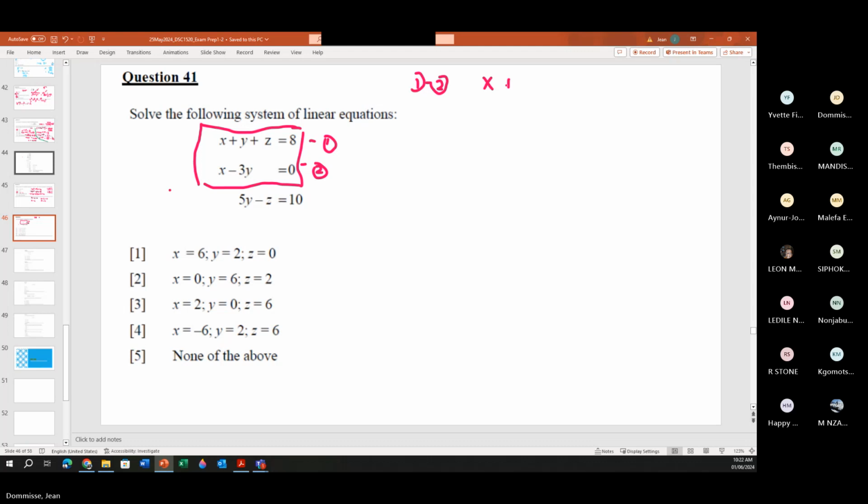So x plus y plus z is equal to 8. Then minus 2, so in minus 2, that becomes minus x. That will become positive 3y, and that will stay 0. So then x minus x is 0. y plus 3y is 4y plus z is equal to 8. So that is now my new formula.